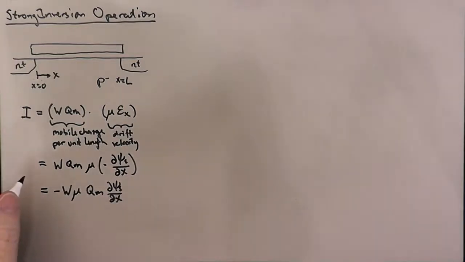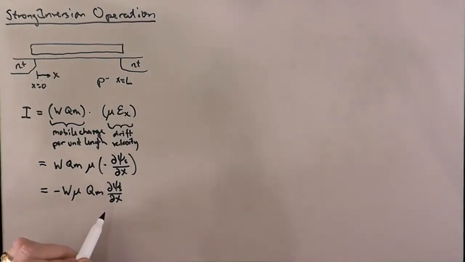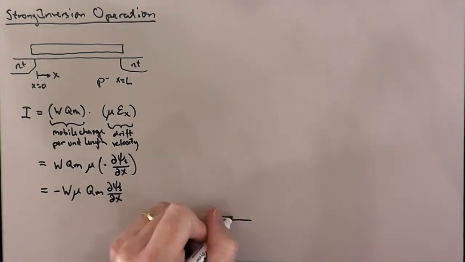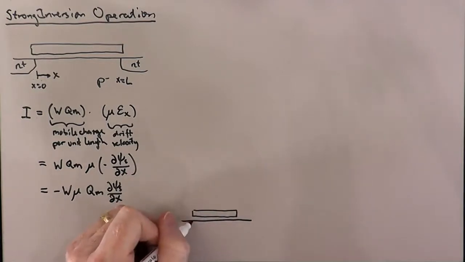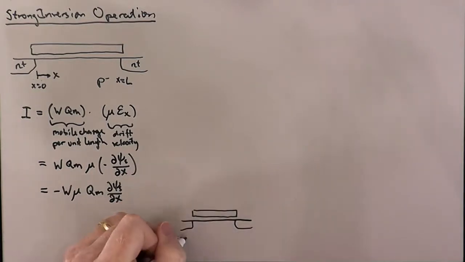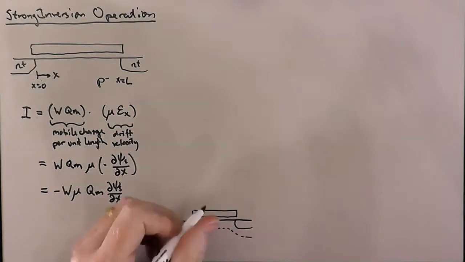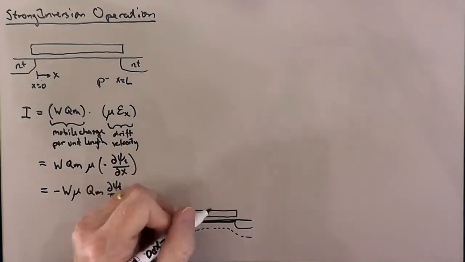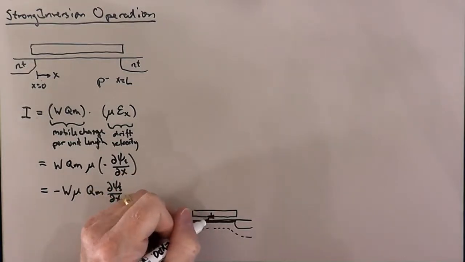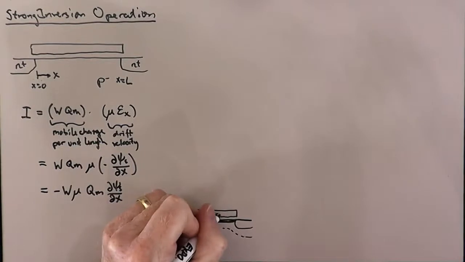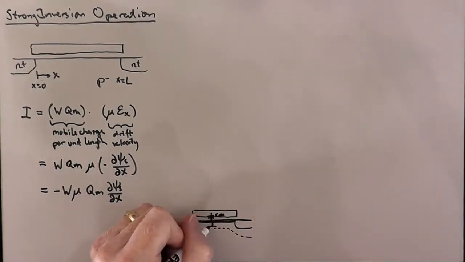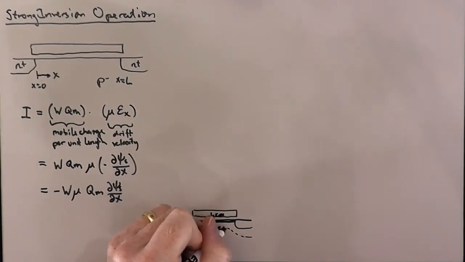And so the rate of change between charge and potential is capacitance. If you think about our MOSFET here, we've got the source and we've got the drain, we've got some depletion region, and then there's some inversion layer right at the surface in the channel. From the standpoint of this inversion layer, we see basically two capacitances. We see Cox above us, and we see the depletion layer capacitance below us, C depletion.